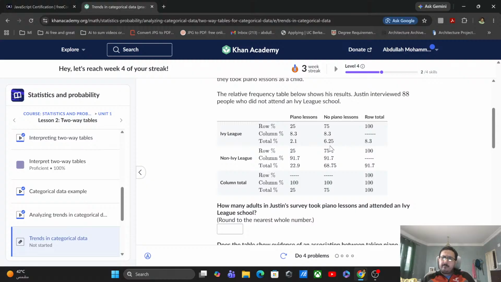No way. I would say that this 2.1% is out of the 100, because if you add these together, it's going to make it 8.3.